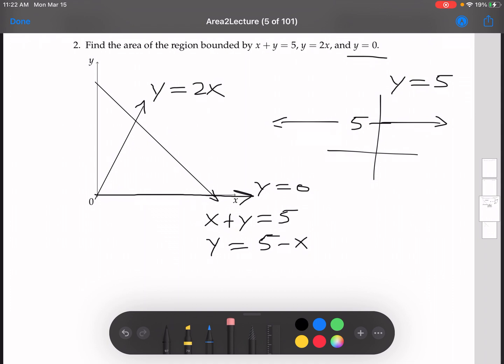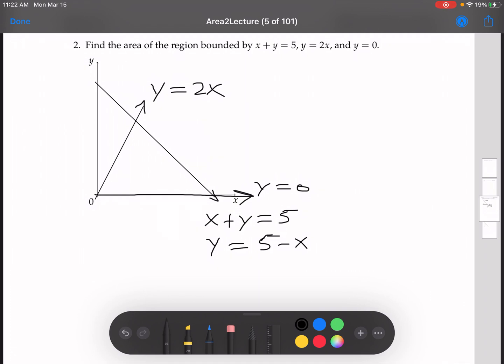Naturally y equals 0 would be at 0, so that is the x-axis. So we're going to find the area of the region bounded by these 3 lines, and that is exactly this area of this triangle.